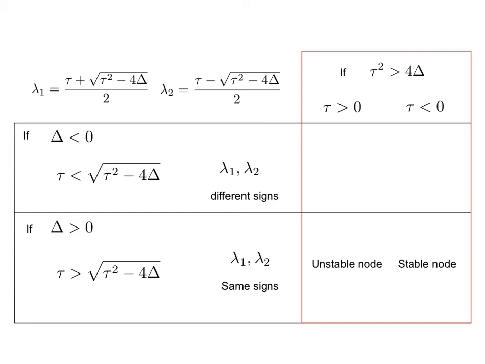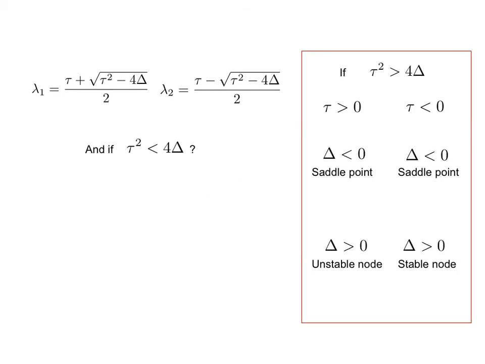What happens with these ones in here? They have one eigendirection that is repelling and one that is attracting. Therefore we have saddles in these two cases. What happens now in this case?